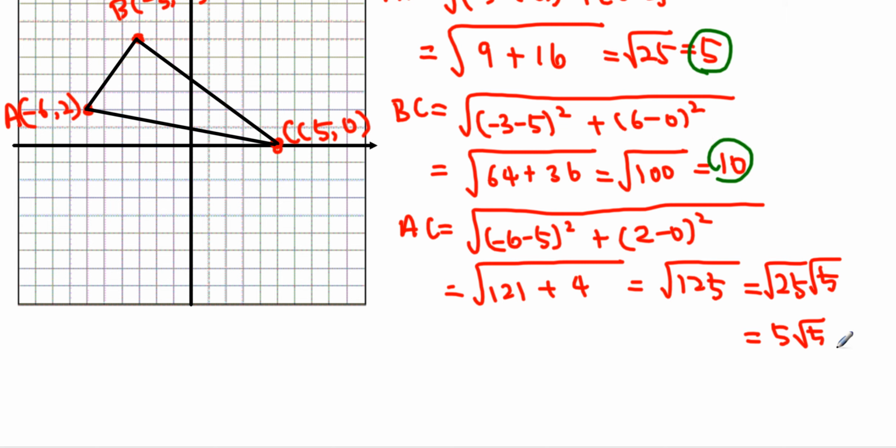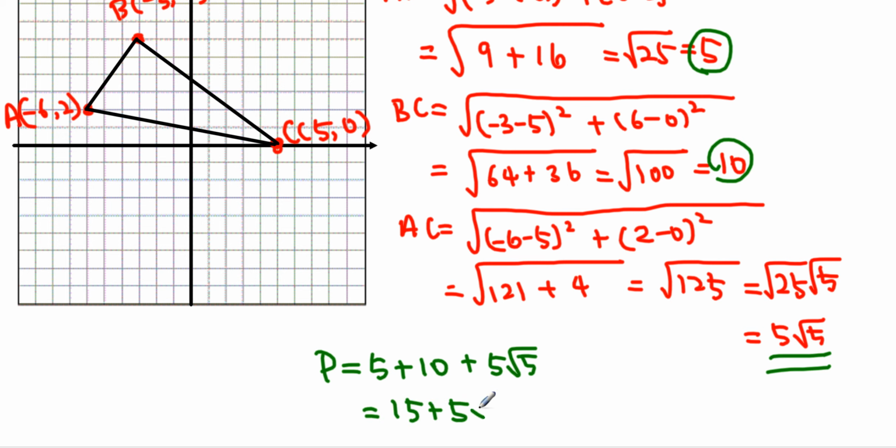How about the third one? That's right, it has a radical, so we cannot add it with the others. So our perimeter simply becomes 5 plus 10 plus 5 square root of 5, which will be equal to 15 plus 5 square root of 5.